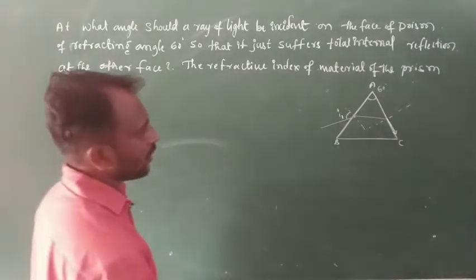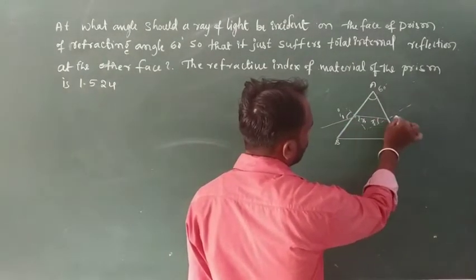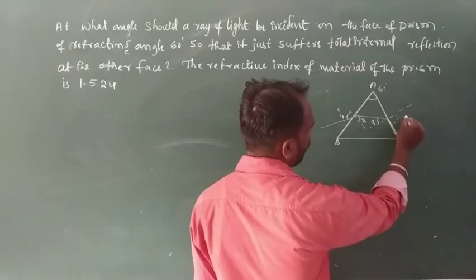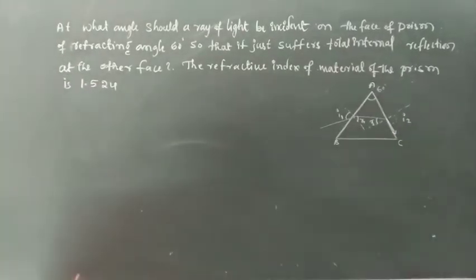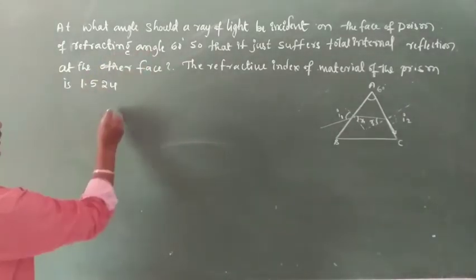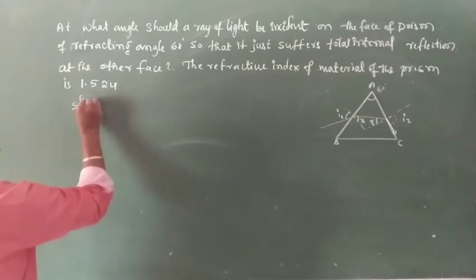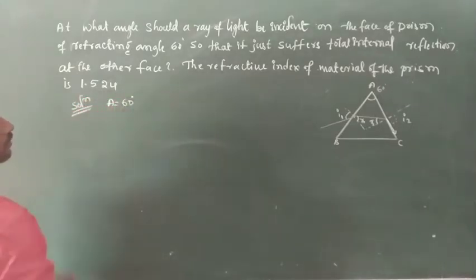Okay, so here we consider this one as R1 and R2 and this one as I2. First, the given data: refracting angle A is equal to 60 degree.